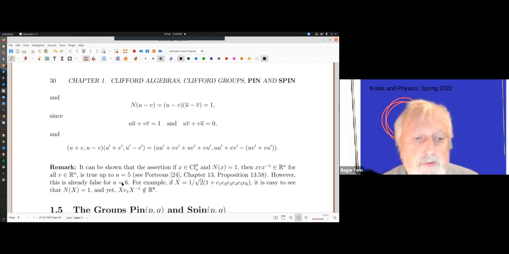This is false for n equals 6. If we take x equals 1 over root 2 times 1 plus e1 to 6, then that is in CL6,0, and it's easy to see that the norm of x is 1, and yet apparently if you do this, you don't get a vector.